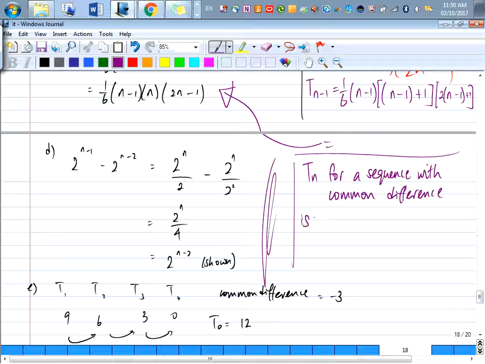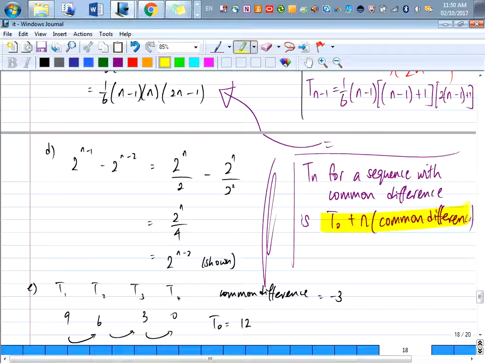It is always T0 plus common difference times n. So this one over here is always true for a sequence that has a common difference.